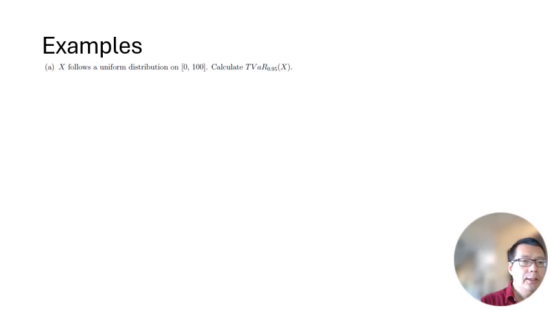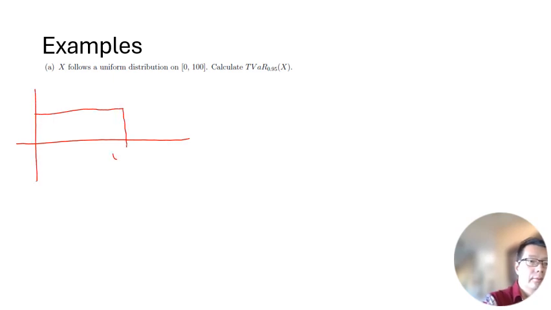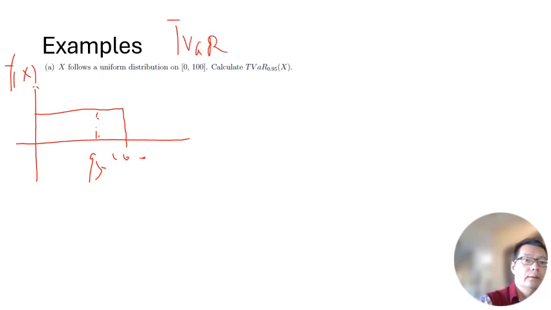First example, x follows a uniform distribution on 0 to 100. Calculate TVAR 0.95 of x. So we can draw a picture here. 100, and suppose this is 95 here. So it's asking about TVAR 95.